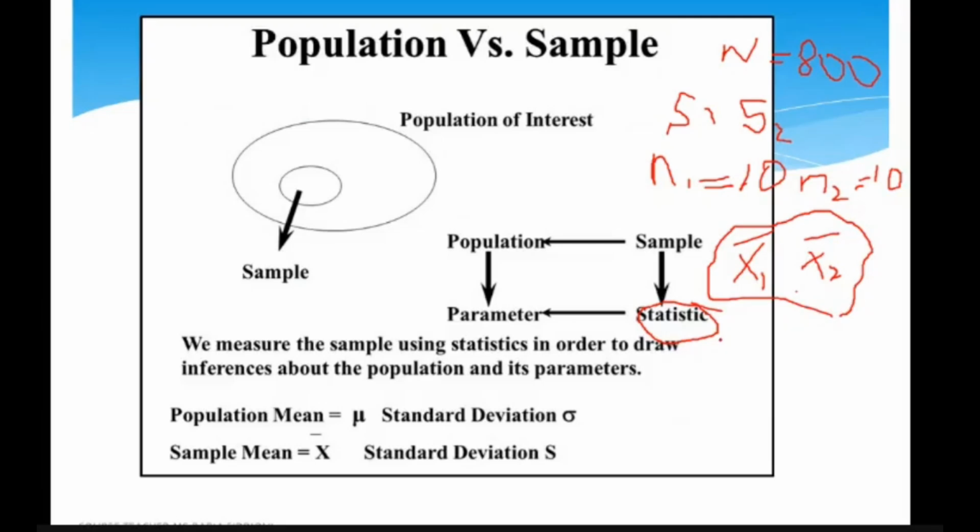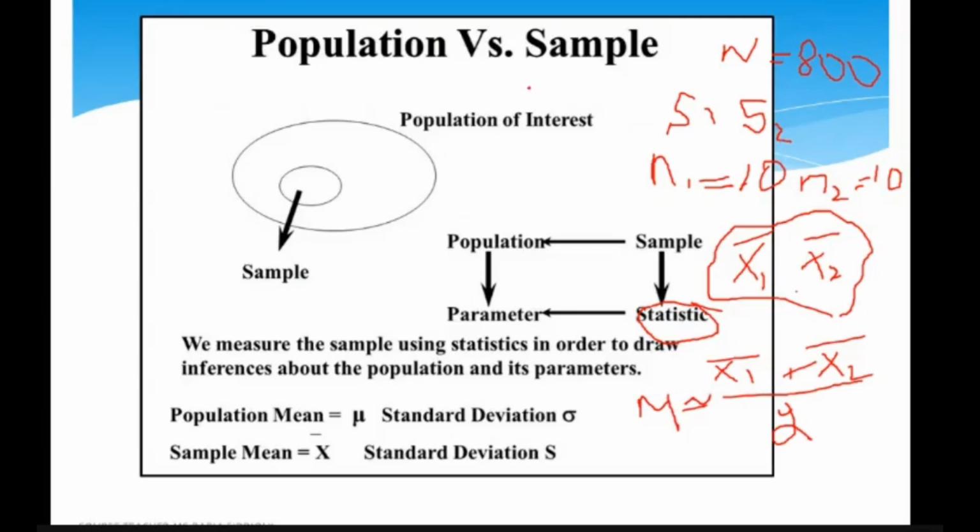That's why they are sample statistics. And if you want to find the estimated population mean, you can find it by using (x1 bar plus x2 bar) divided by 2. You can say it is approximately equal to the population mean.